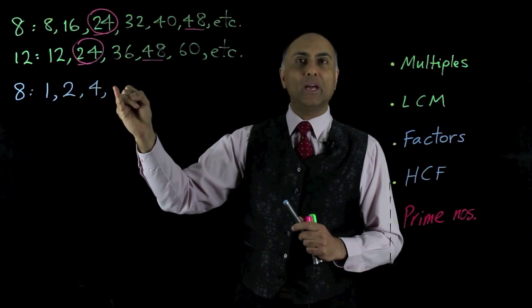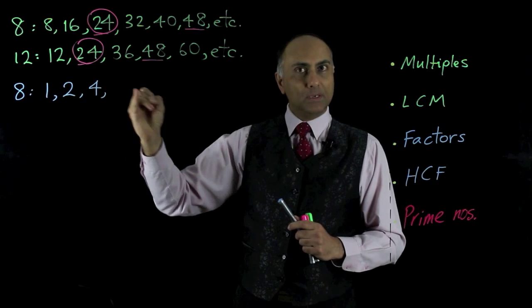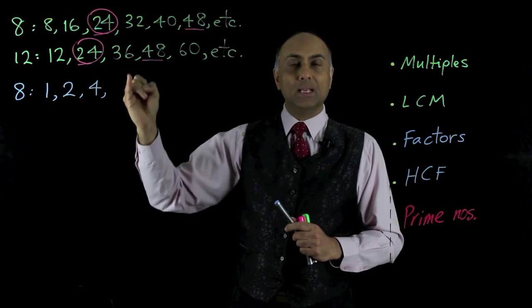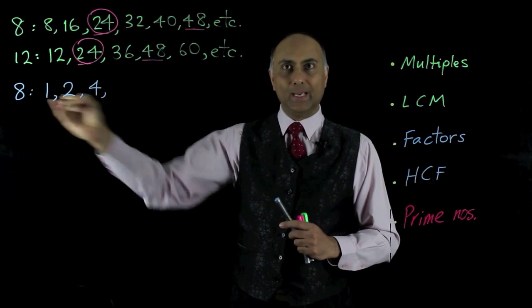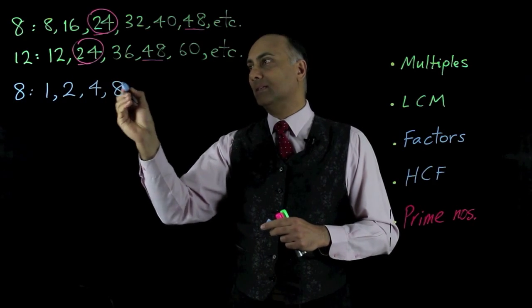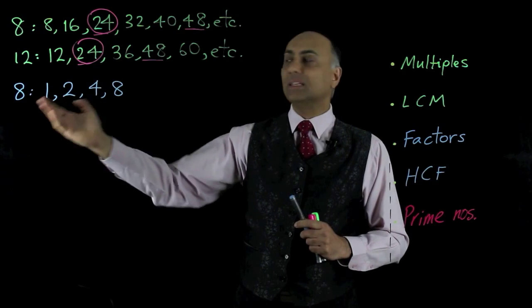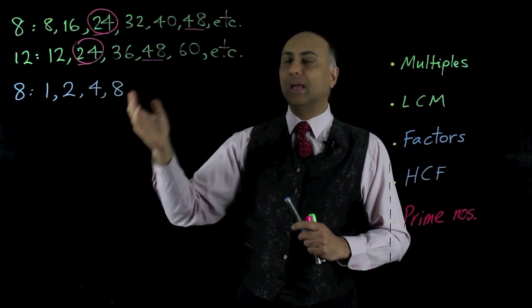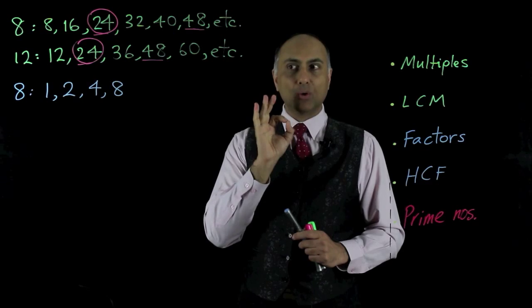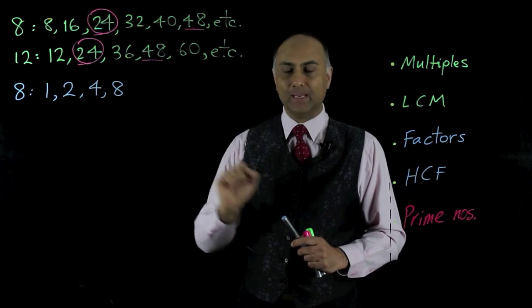Now, there's no point trying 5, 6, or 7, because they're more than half of the given number, they definitely won't divide exactly into 8. So I know that the next factor of 8 is going to be 8. So in other words, the factors of 8 are 1, 2, 4, and 8. Those are all the numbers that will divide exactly into 8 without leaving any remainder.